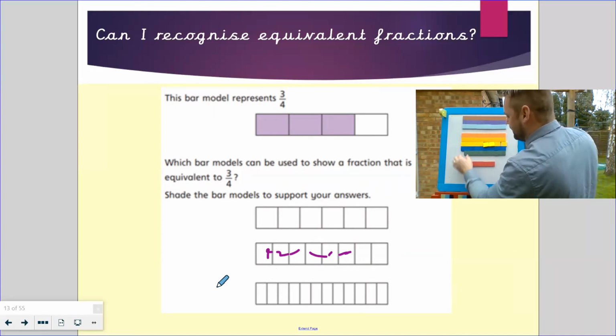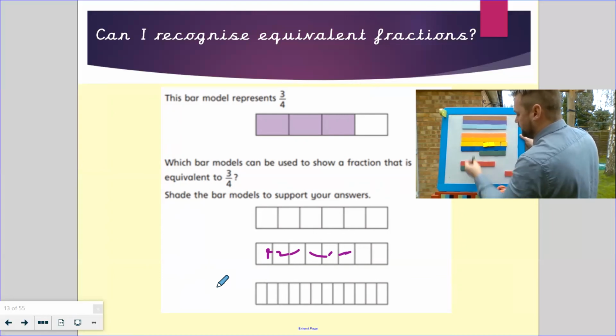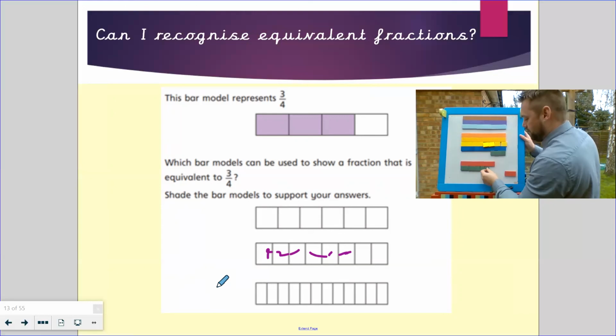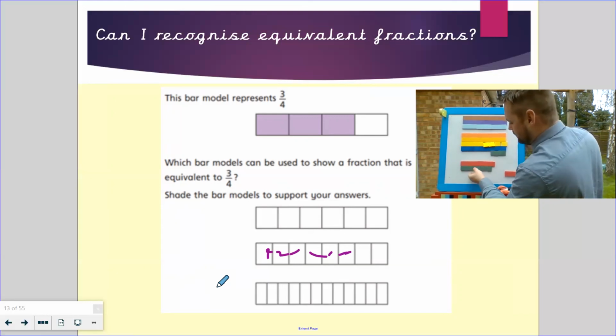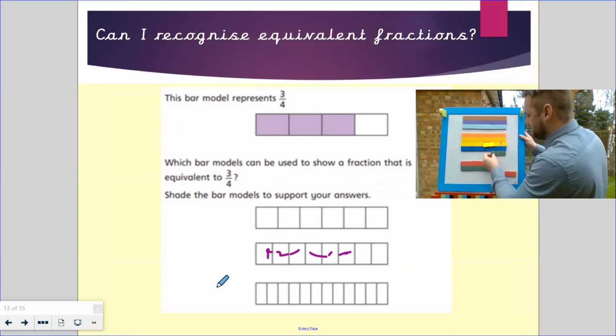Can 12s make up 3 quarters? There is a quicker way of doing this, but obviously this way is the best to help you visualize it.